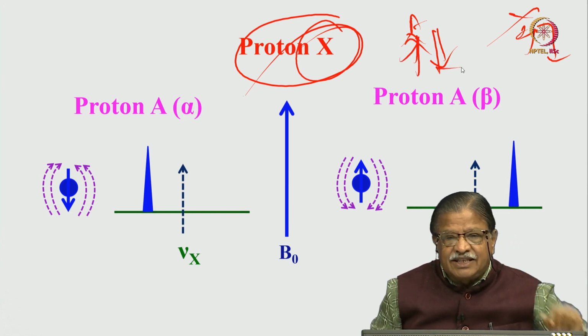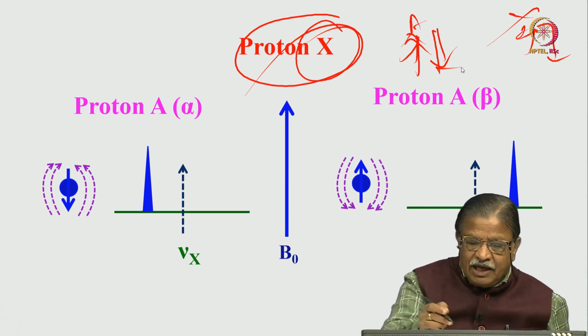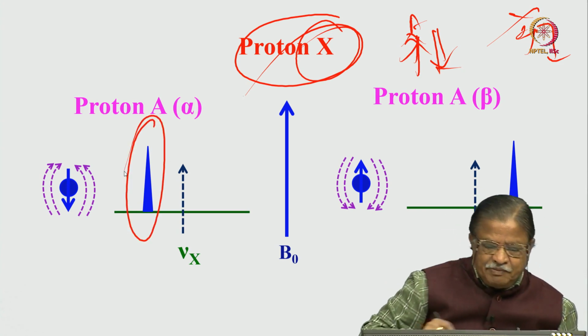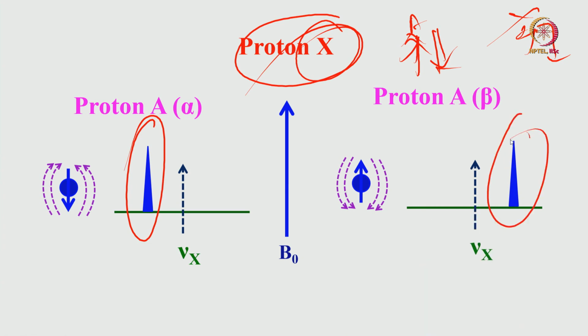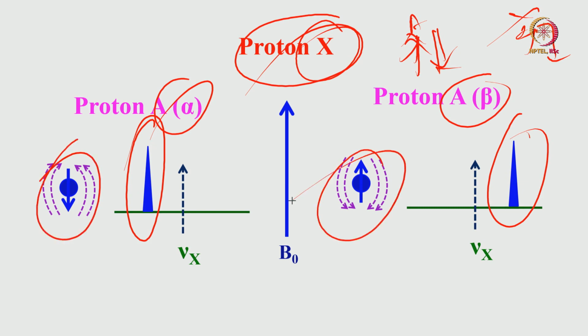There are 2 different energy states. So proton X can see proton A in the spin up state or in the other state, which is the spin down state. That is the alpha state and the beta state. There are 2 possible orientations.